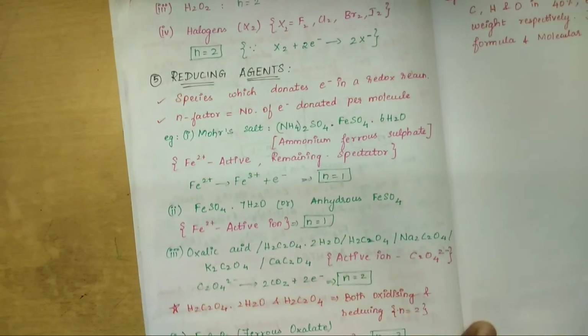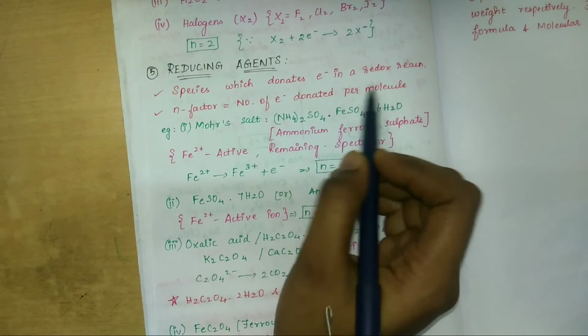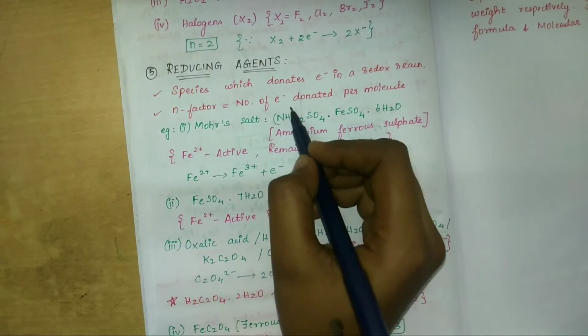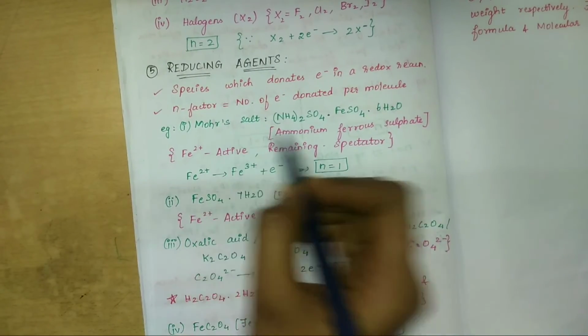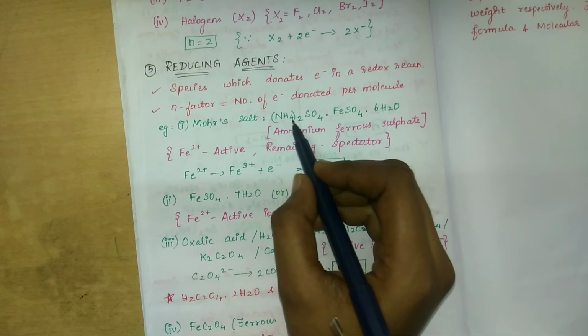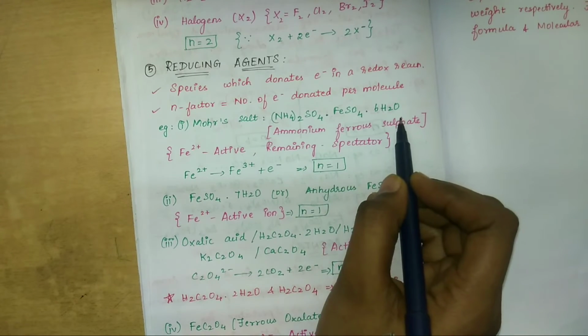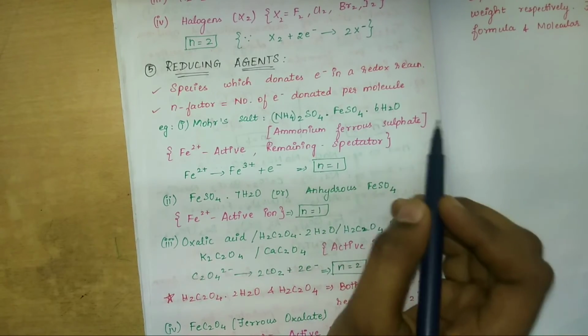Then reducing agent. A reducing agent means the species which donates electrons in a redox reaction. To find the n factor, the number of electrons donated per molecule is its n factor. Example, Mohr's salt, which has the formula (NH4)2SO4.FeSO4.6H2O, with the chemical name ammonium ferrous sulfate.